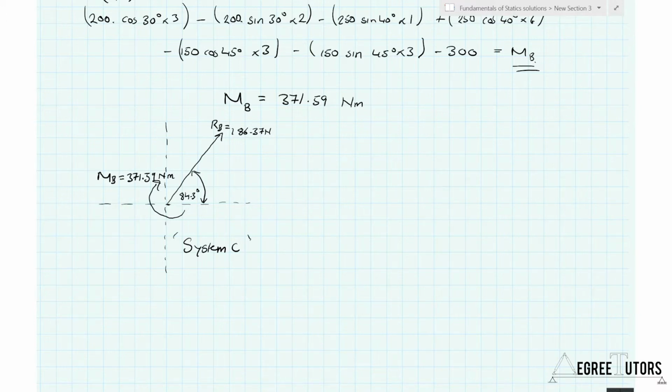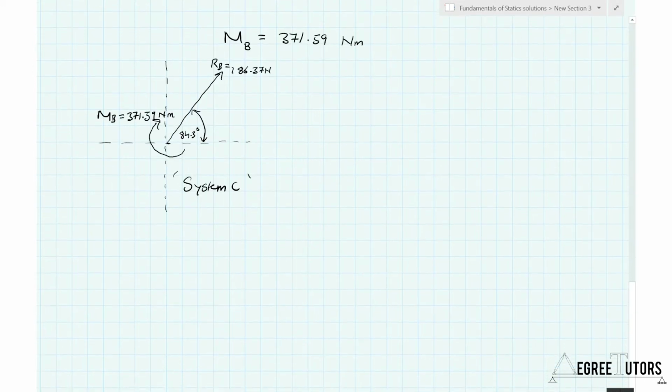In fact, we can apply it anywhere along the y-axis. So our task is to determine, how do I generate a clockwise moment of 371.59 Newton meters by shifting the resultant force RB along the y-axis. And I have to determine the distance along which I shift it up the y-axis.